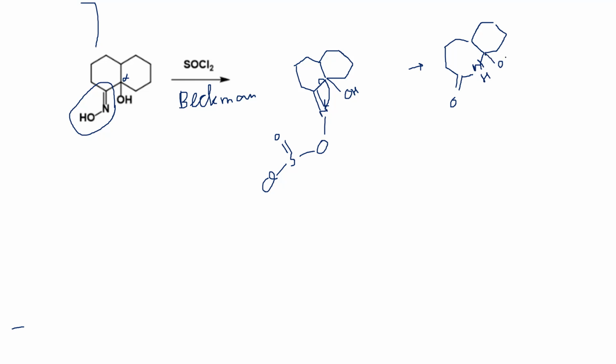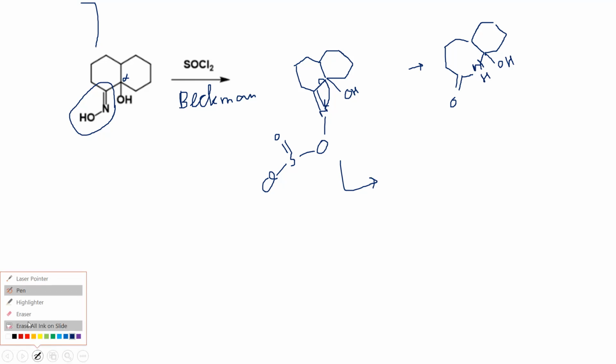7-member rings are not that stable, whereas if we undergo a fragmentation type of reaction instead of rearrangement, what will you get?